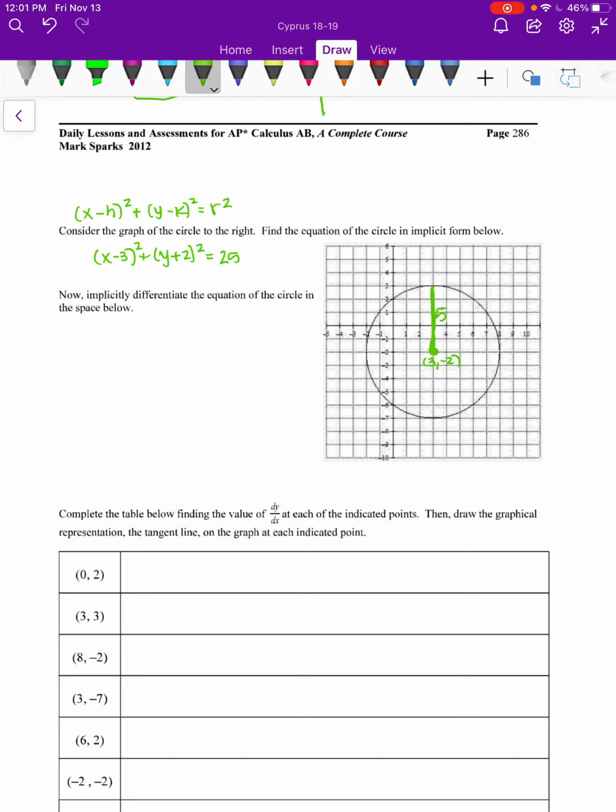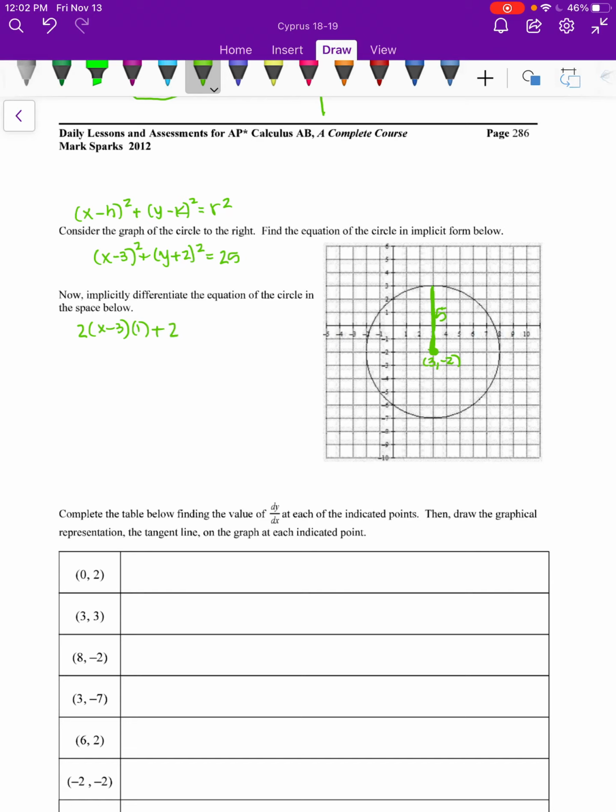So we have a whole lot of chain rule going on when we take the derivative of this equation here. So the first piece, the (x - 3) quantity squared, the derivative of that is a normal chain rule. Take the power out front, the inside stays the same, and then you multiply by the derivative of the inside, which is 1. Plus, same idea here, we're going to do a chain rule, but when we multiply by the derivative of the inside, the derivative of that y will be dy/dx.